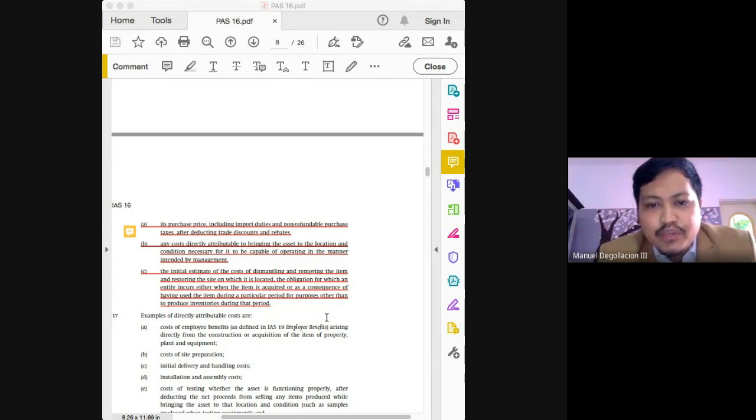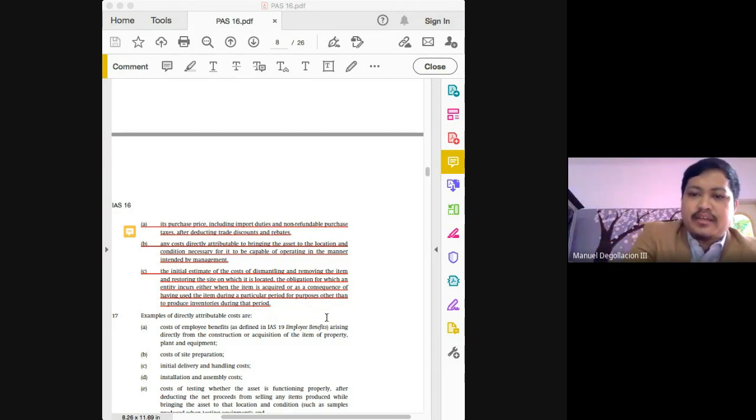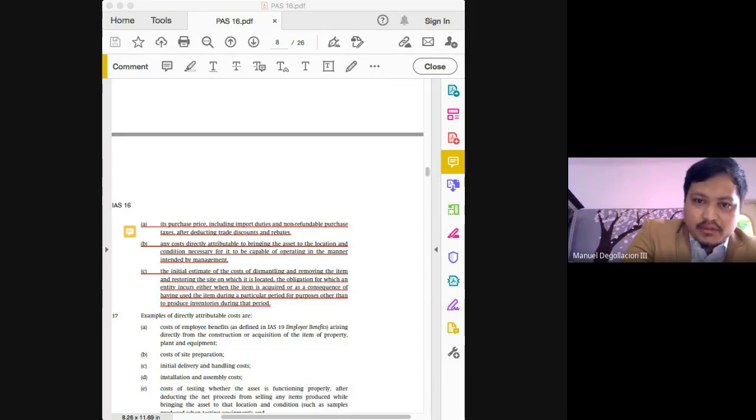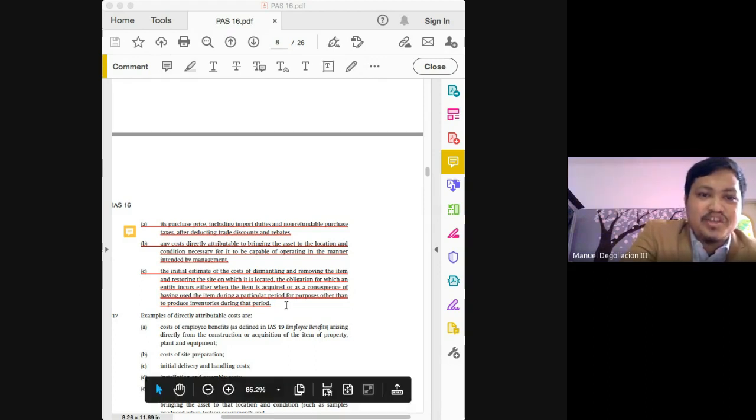The obligation for which an entity incurs either when the item is acquired or as a consequence of having used the item during a particular period for a purpose other than to produce inventories during that period. No need to memorize this, class, but just be familiar that initial estimate for costs of dismantling at the end of the use of the asset will be part of the initial cost. Okay.